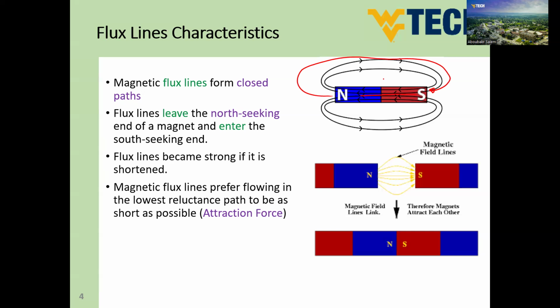So if you cut, for instance, from the middle like that, this will form two other magnets. So here is N, so this would be N as it is. This side is S, this would be S as it is, but this will be a north and this will be a south. So this is the feature of any permanent magnet. If it is broken, it will create another pole.